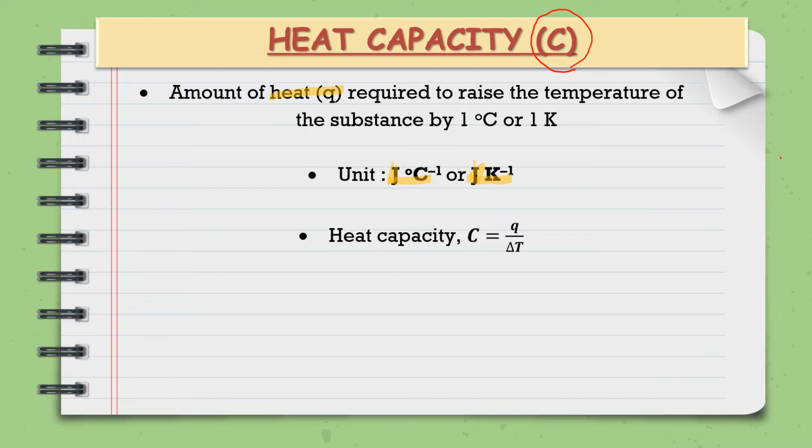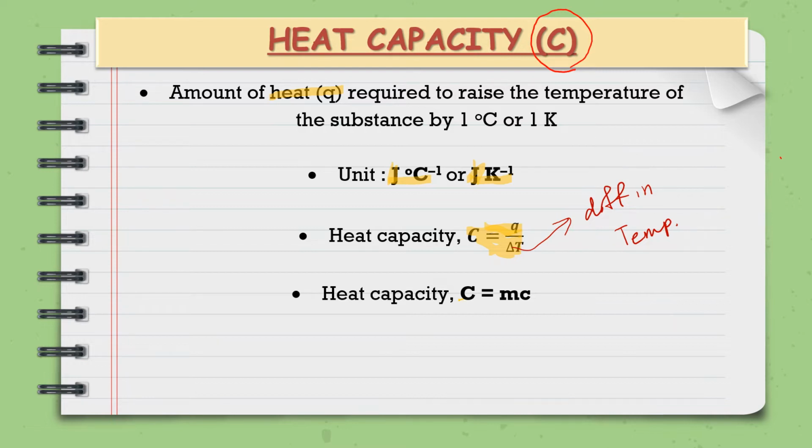The equation for heat capacity is C, capital C, equals Q over delta T. So, the delta T over here is the difference in temperature, okay, for that certain reaction. And lastly, if you want to relate the heat capacity with the specific heat capacity, we will relate it by its mass.